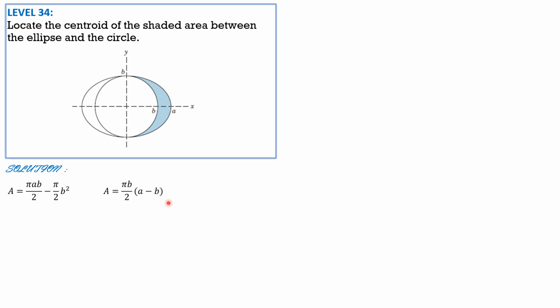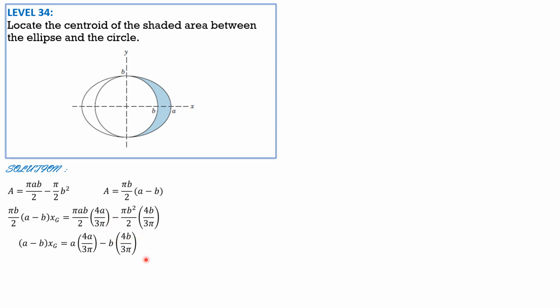So that's the area. Then area times xg, pi b over 2, a minus b, xg equals area of ellipse times 4a over 3 pi. That's the x coordinate of the centroid of the ellipse. Then minus pi b squared over 2, area of circle, times 4r over 3 pi, where r is the radius of the circle, which is b. Then cancel pi b over 2. We have a minus b, xg equals a times 4a over 3 pi minus b times 4b over 3 pi.